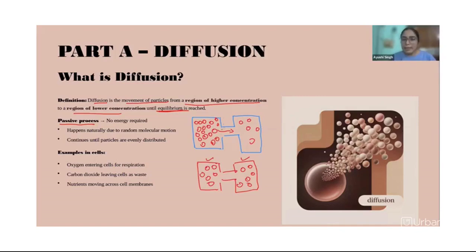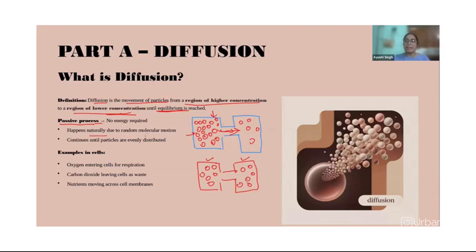So similarly, particles also want stability and they do not like overcrowded places or areas, okay? So they'll gradually move towards a lower concentrated area. Lower concentrated area means less particles, where the particle numbers are less. Okay, it happens passively. That means you don't have to push or give energy to these particles. They'll simply move because it is overcrowded.